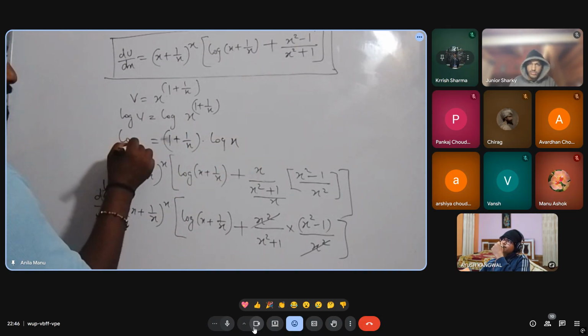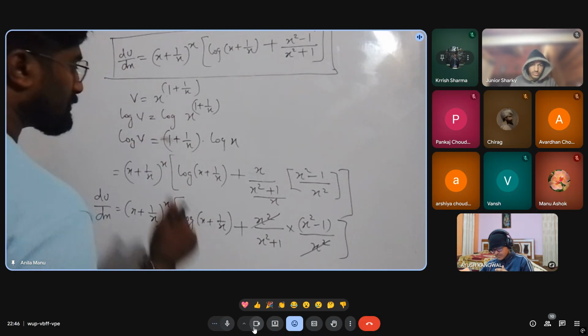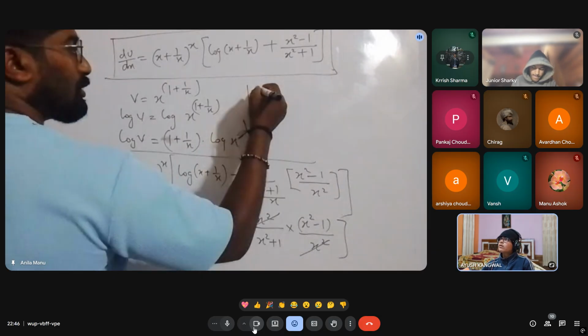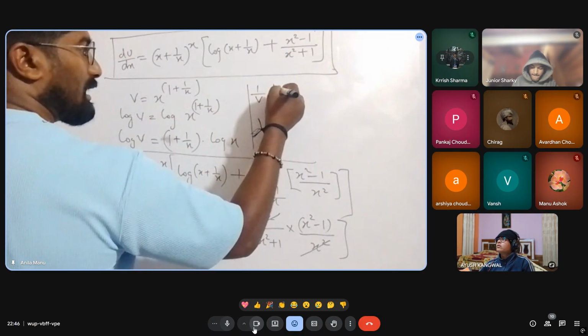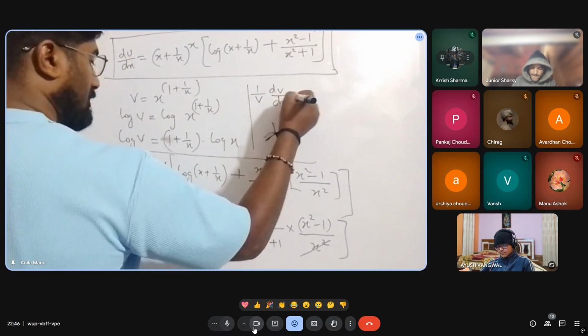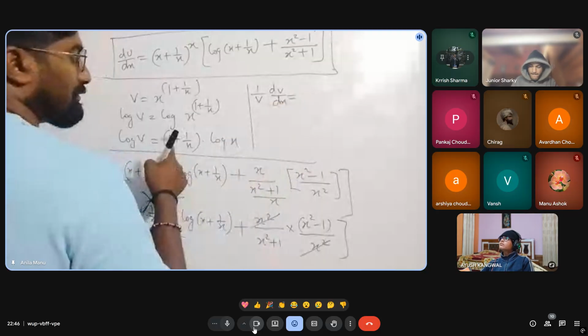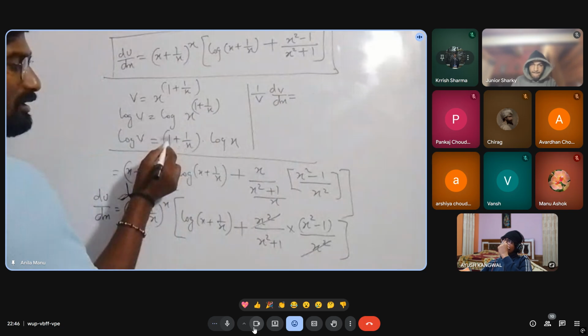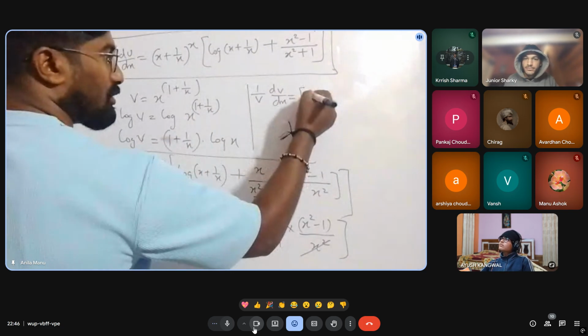Okay, log v. Then differentiating both sides with respect to x, we get 1 by v dv by dx is equal to, here, derivative of the first function. So when we apply the product rule, the derivative of the constant is 0.